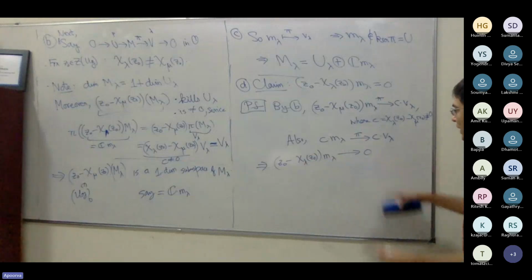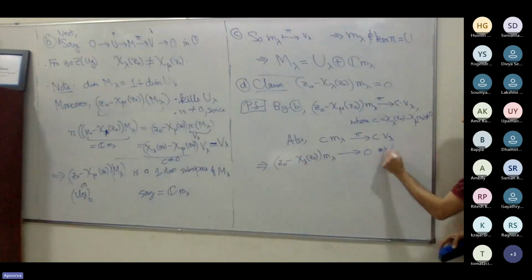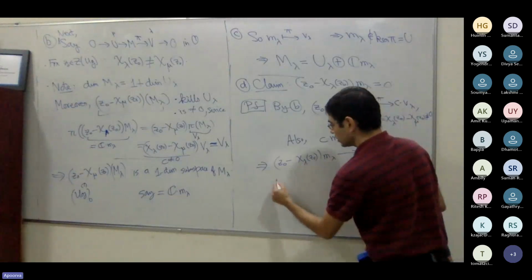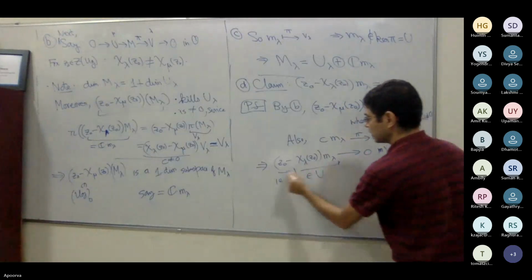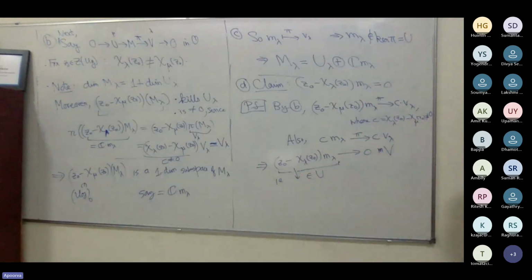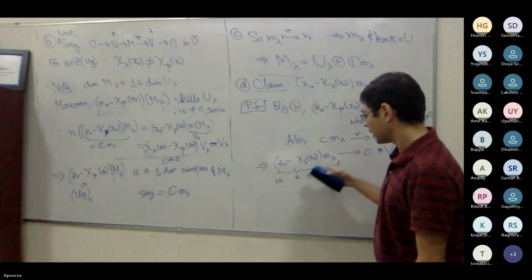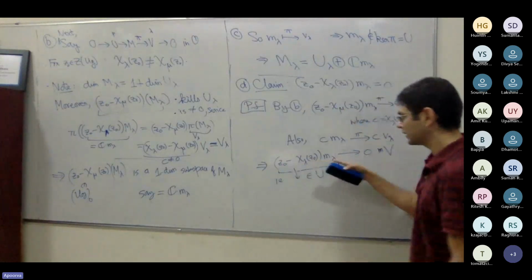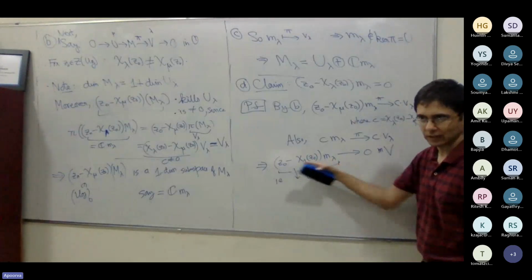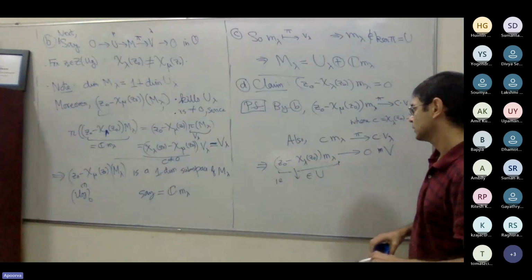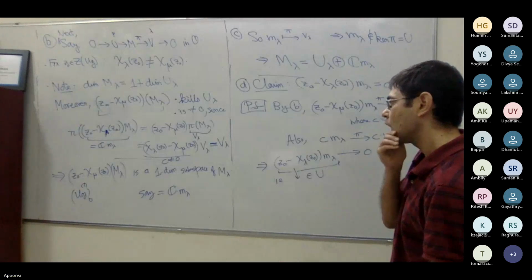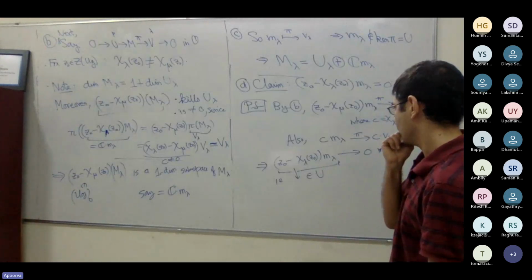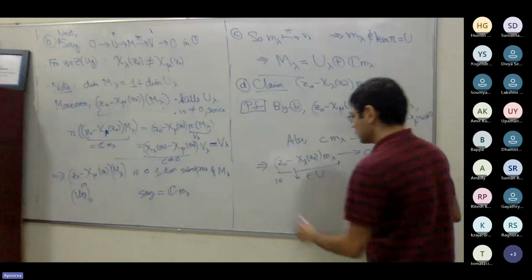So this goes to 0 in V, which means that this belongs to U. It is in the kernel of pi, so it belongs to U. But how can it belong to U? It's a scalar multiple, and everything is in the lambda weight space. Sorry, so now what do I want to say? No, wait.